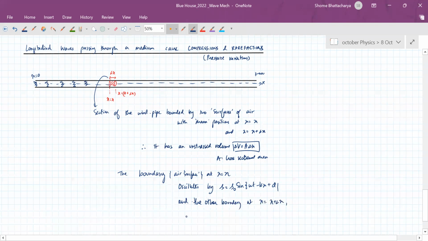That has a displacement S plus delta S in comparison, because it's at a different location. So its displacement at any point of time is different.